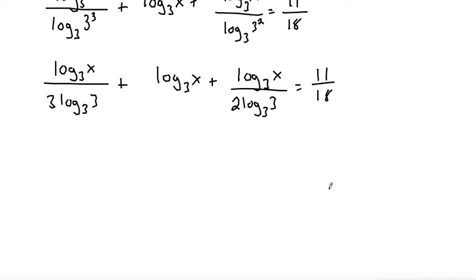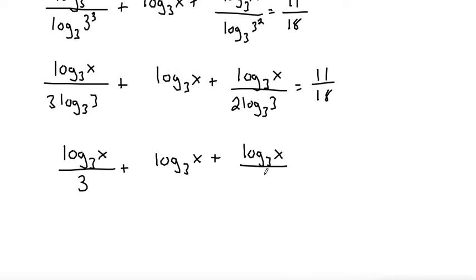Now we can use the rule that log base b of b is equal to 1, so log base 3 of 3 simplifies to 1. We can rewrite this as log base 3 of x over 3, plus log base 3 of x, plus, again, 2 times 1 is 2, so log base 3 of x over 2, is equal to 11 over 18.